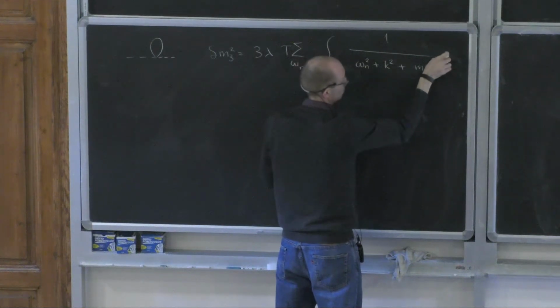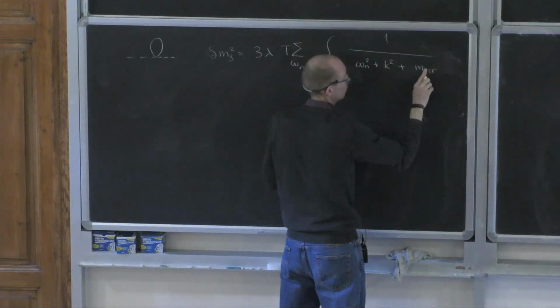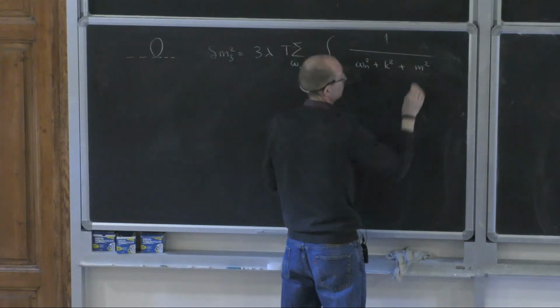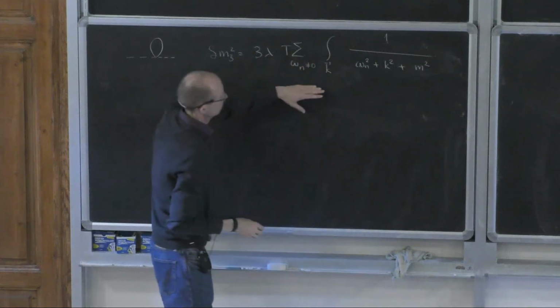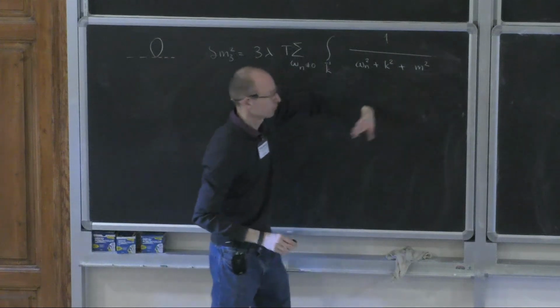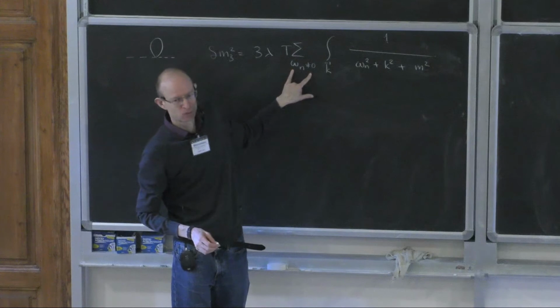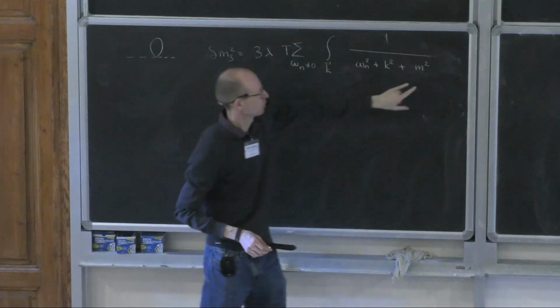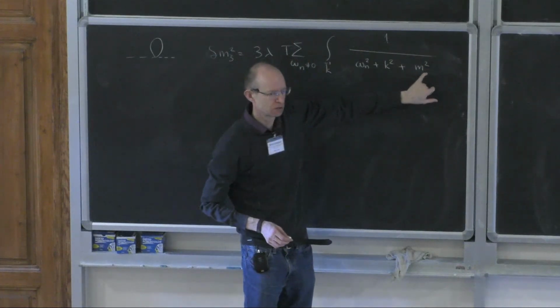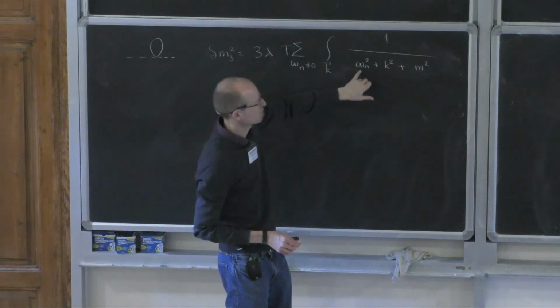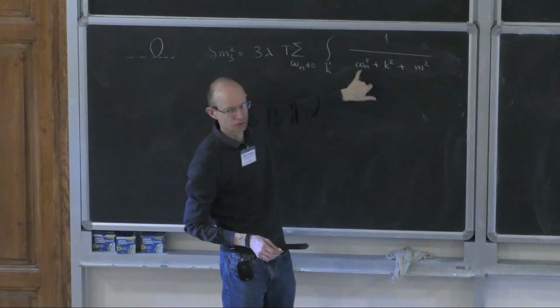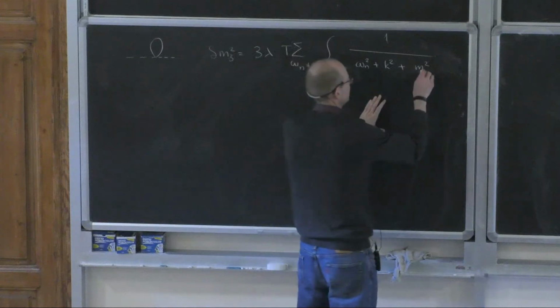Well, this depends a bit on what we are computing. Let me just write m squared. Actually, I will even omit this now for simplicity, because after all, we are integrating out the non-zero modes, and we said that for the non-zero modes, whether it's m effective squared or not, it's not a problem. It's shielded by these large values of the omega n. So we'll omit that.